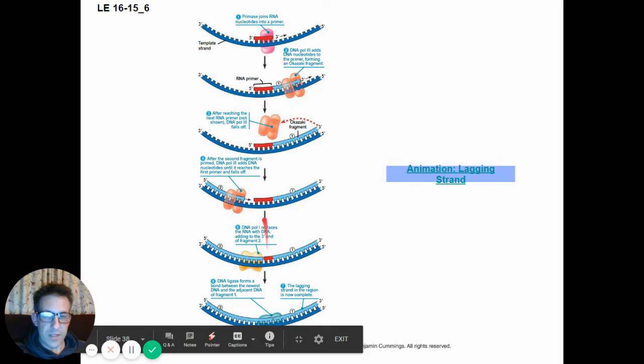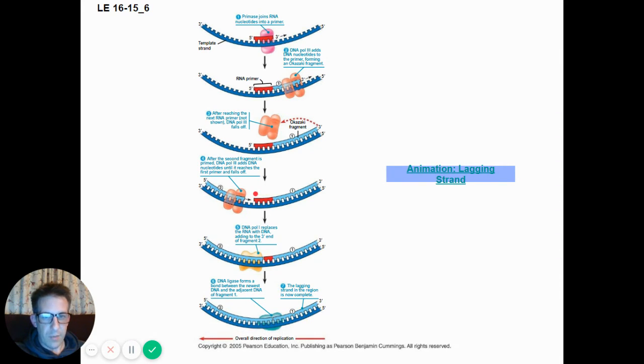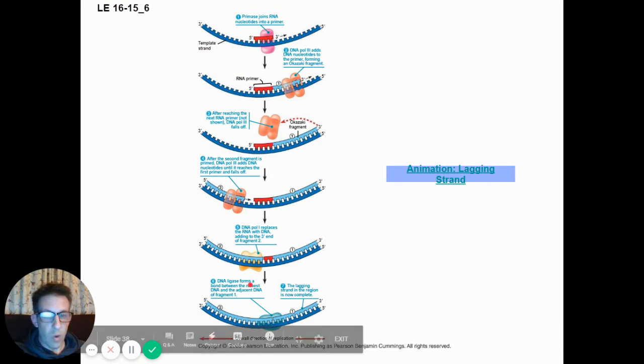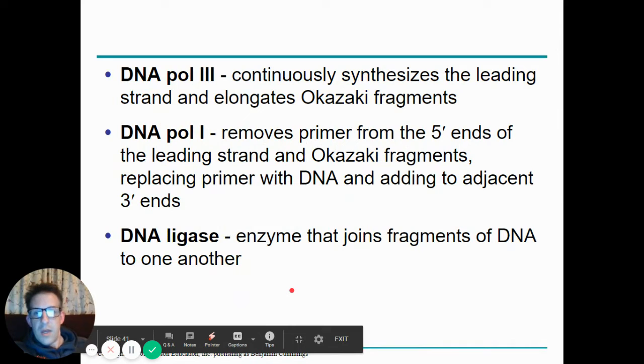And what DNA polymerase 1 does is it takes these little RNA primers right here, these little RNA base pairs, and it replaces them with actual DNA. So it fixes that problem. DNA polymerase 3 needs a place to dock, and DNA polymerase 1 removes that docking space and puts actual DNA there. And then this other one we see right here, DNA ligase.